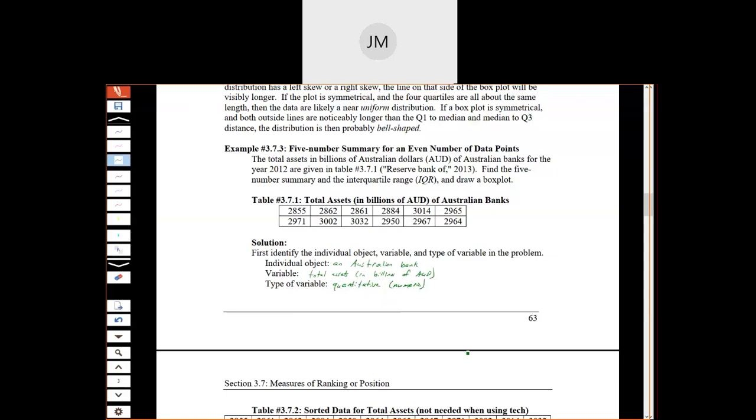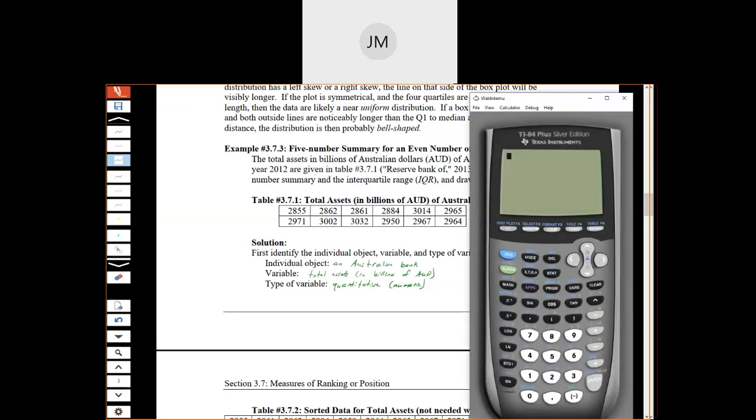So what I'm going to do now is enter all of that data into my calculator. I'm going to hit Stat, hit Edit, and type these in.